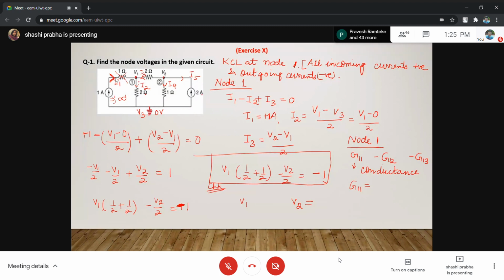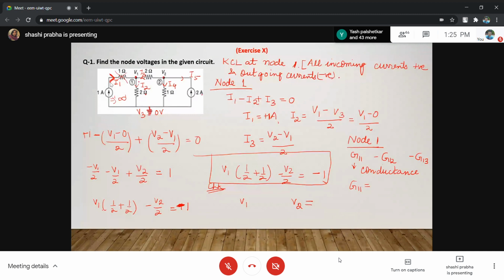Please remember, as soon as you see any current source connected in series with a resistance, note it down: any resistance which is connected in series with the current source becomes null and void.